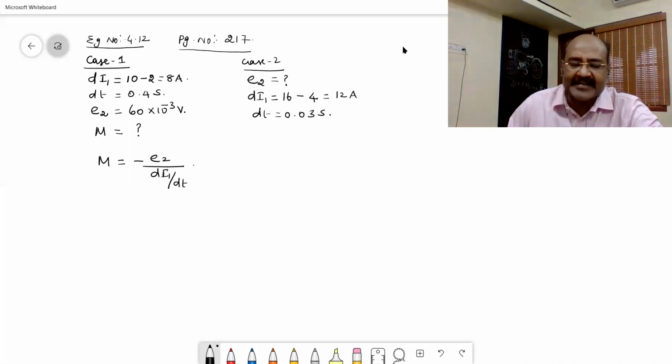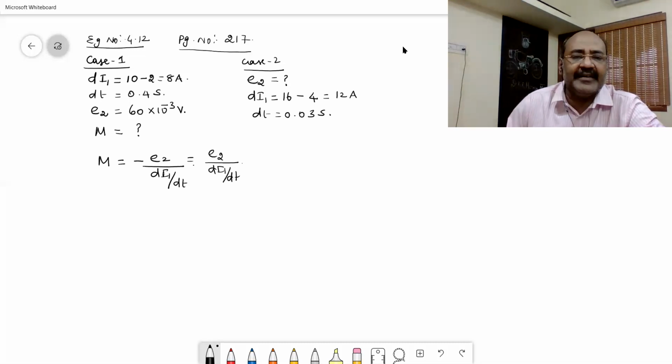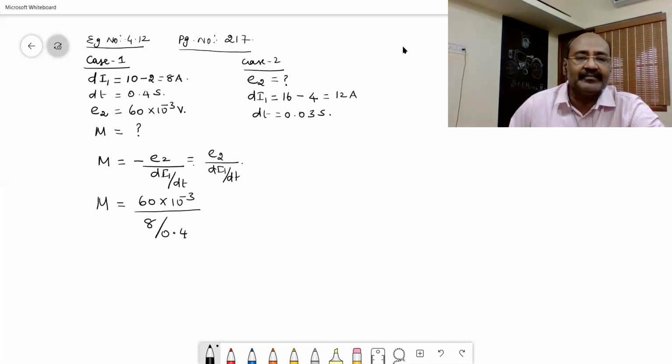The magnitude of the EMF is given, so let us consider the formula like this, E2 divided by dI1 by dt. On substituting, I get mutual inductance M is equal to 60 into 10 to the power of minus 3 divided by dI1, the change in current, which is 8, divided by dt, which is 0.4.